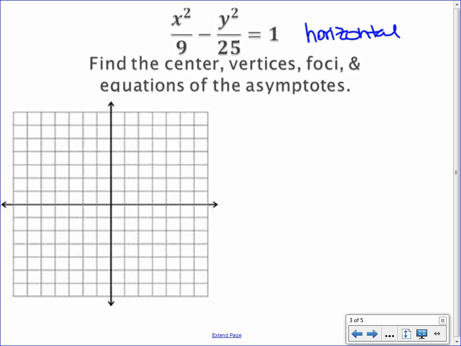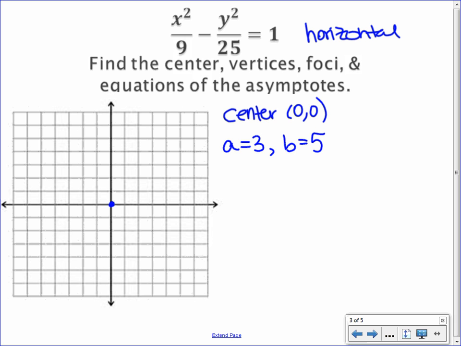So, first of all, where's our center? What is our a value? Good. The a value goes with the positive term. What's our b value? 5.